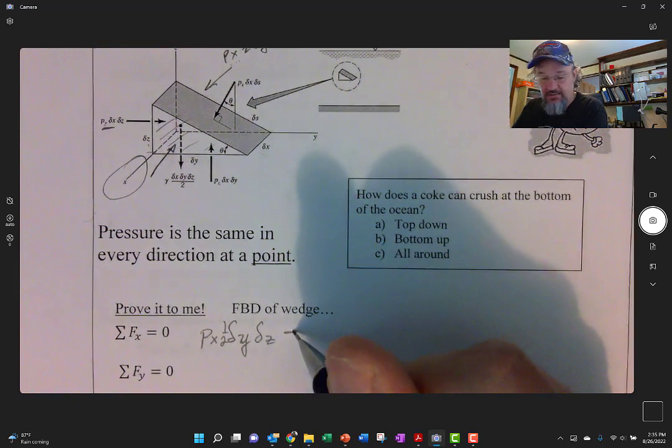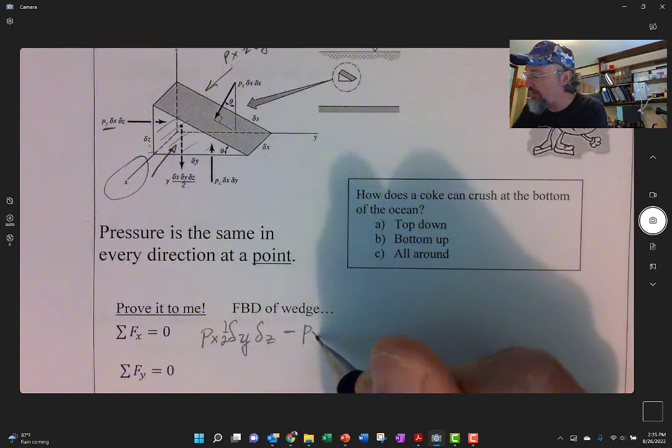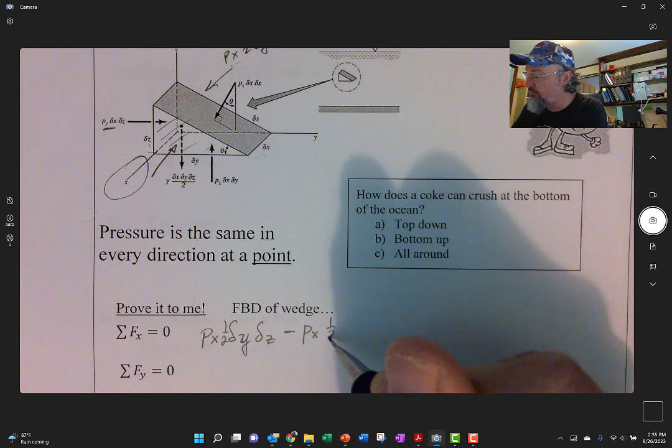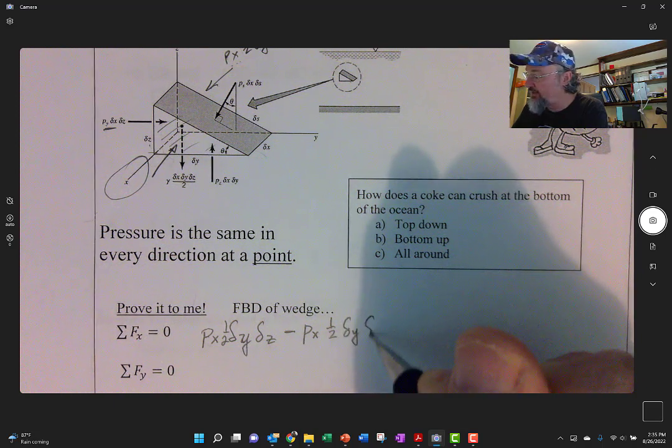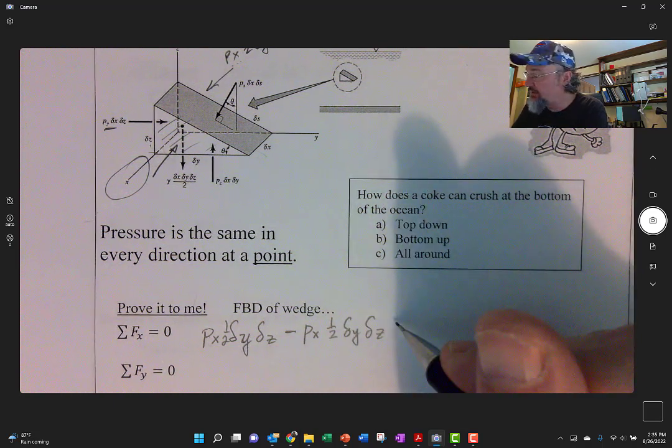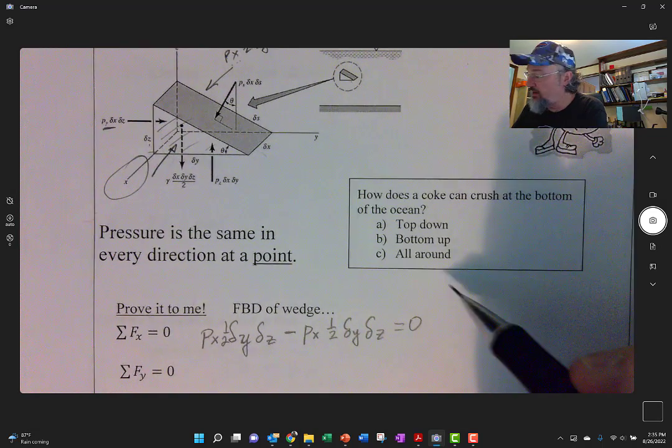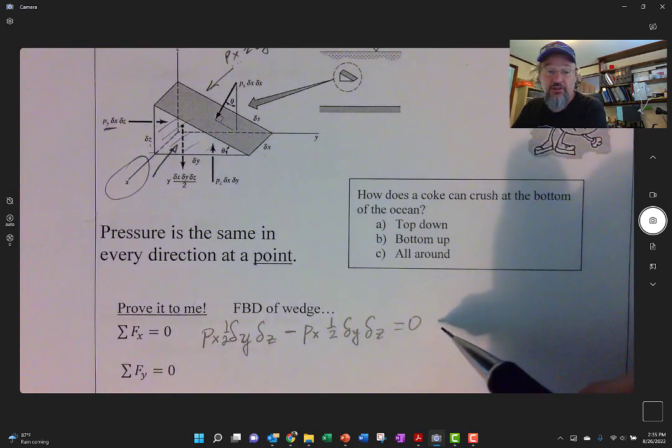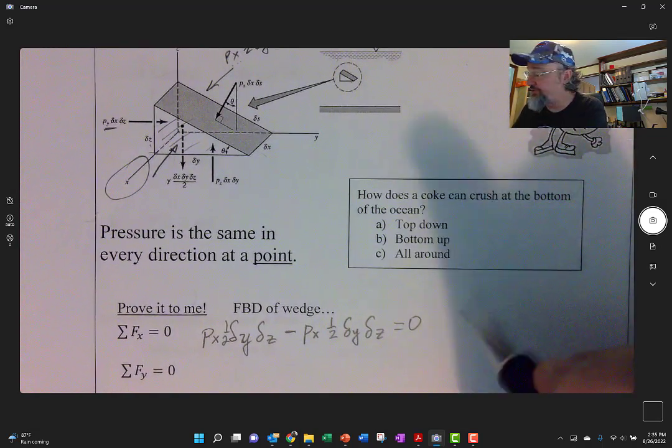So minus p_x in the x direction times 1/2 del y del z, is equal to 0.